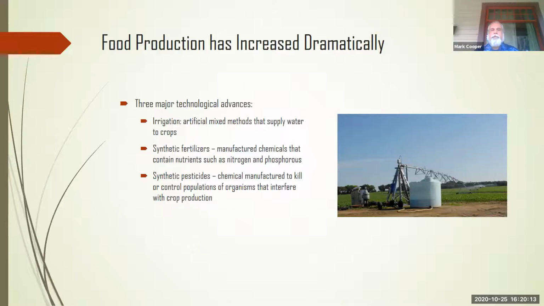And then synthetic pesticides. Again, they're cheap and easy, but they not only kill the organism we're going after, they kill a lot of helpful ones. So all of these things have helped us grow food, but for sustainability purposes, they all have issues.